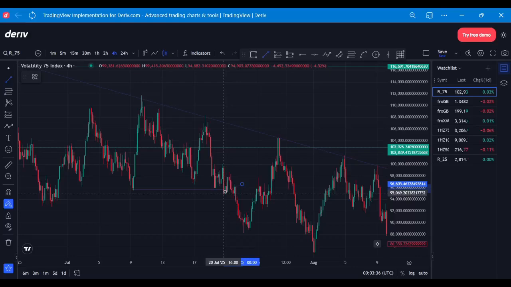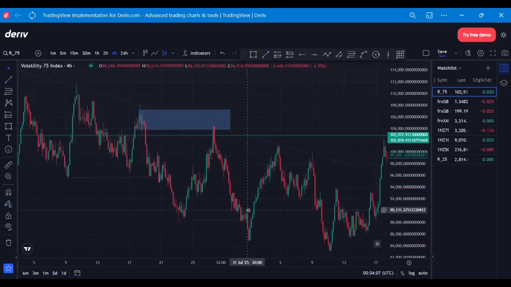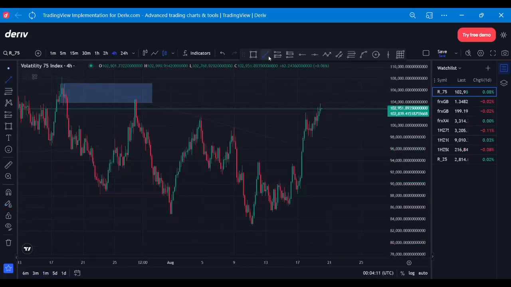See the opposite side of it. This is a supply level. What do we see? We see price respecting it. It came up to the supply level and then went ahead to break the structure, right? Then up again to the supply level and came down to break this structure.